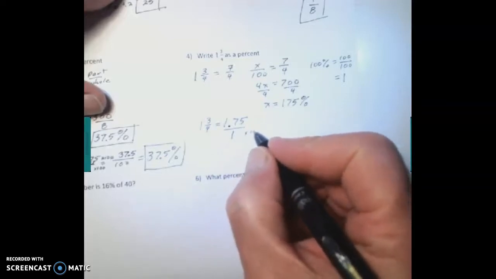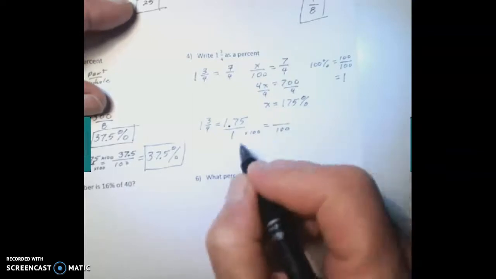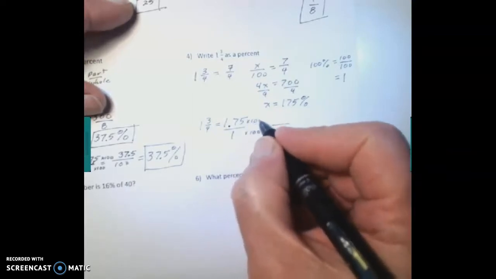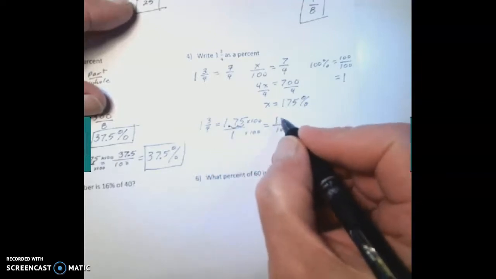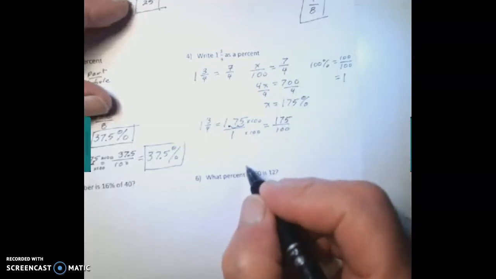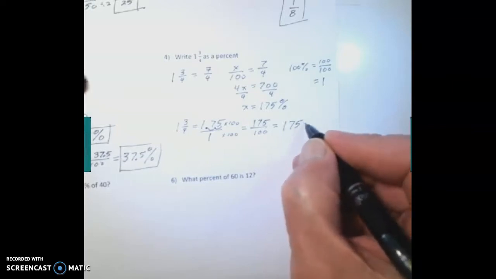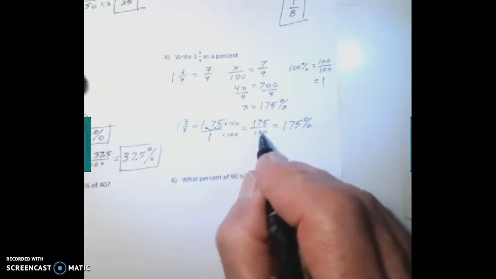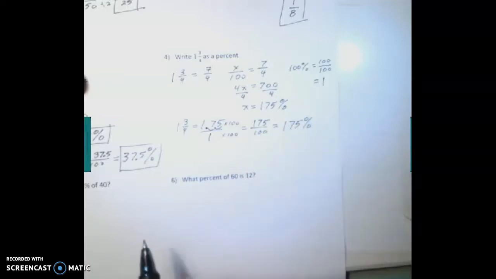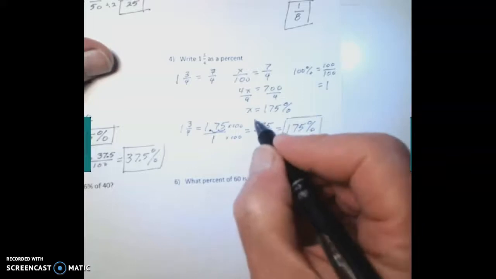So if you multiply by 100, you will make your denominator become 100. Multiply the top by 100. That will move your decimal point 2 places, and you come up with your 175 out of 100, which is 175%. Again, you need to drop that 100 in the denominator and have it with a percent sign. You're being asked for a percent. Make sure you label your answer as a percent.